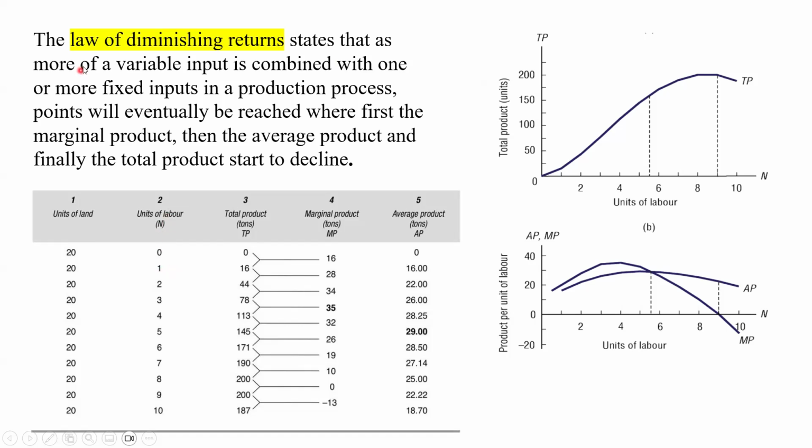They change. So what the law of diminishing marginal returns states is that as you increase your variable inputs and combine them with your fixed inputs in the production process, and obviously you have to combine both, because both are needed to produce the final product, your total product, marginal product, and average product will increase until they reach a certain point where they will then decrease.